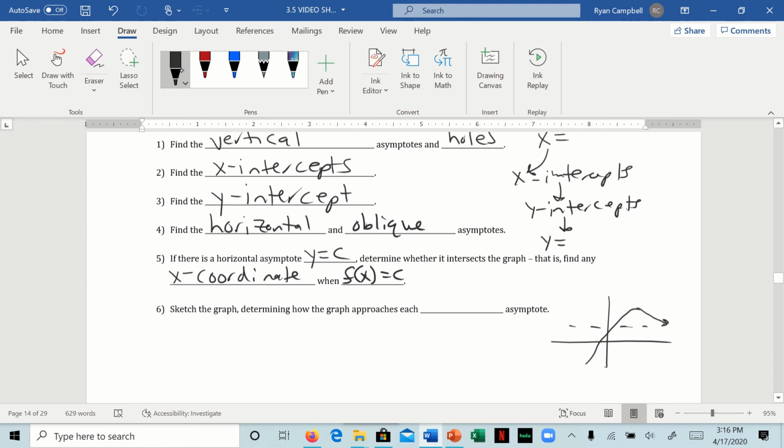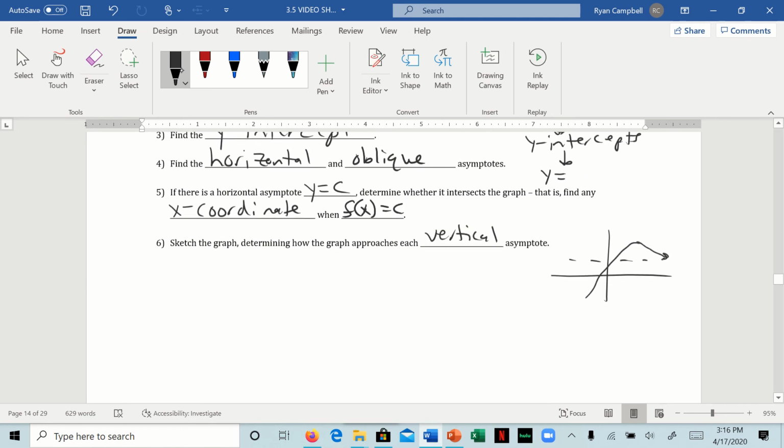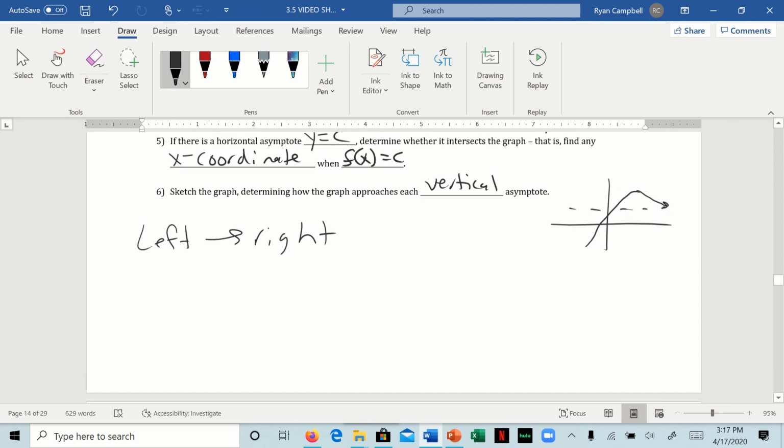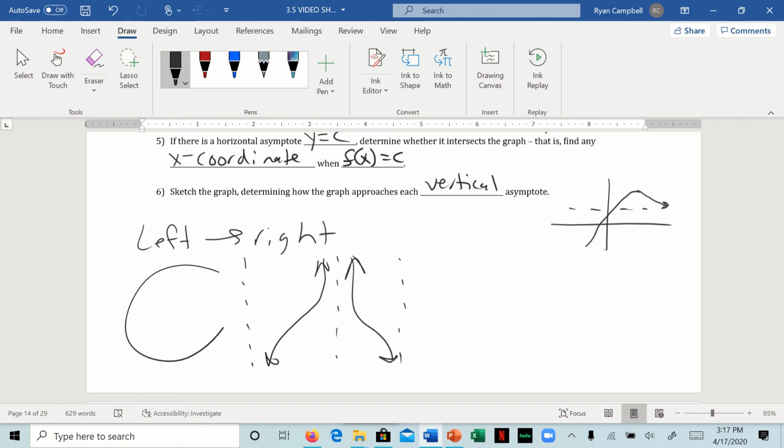So last thing is we just sketch it. And then we determine how the graph approaches each vertical asymptote. So another thing, you need to make sure that when you go with your pen from left to right, you include everything, right? The only values that x can't be are any vertical asymptotes and holes. So if you have a vertical asymptote here, and here, and here, and you only graph this much, well, what about all the stuff over here?